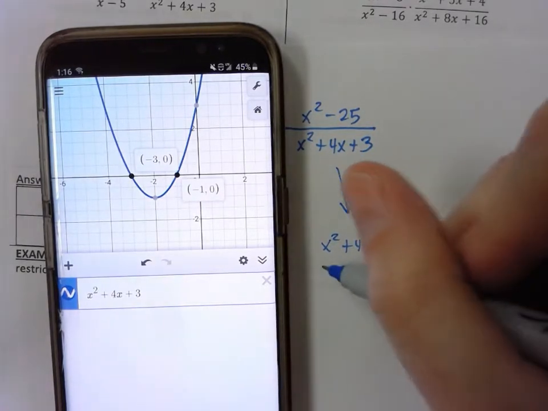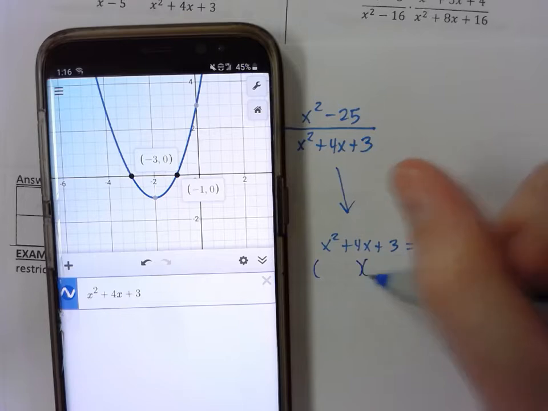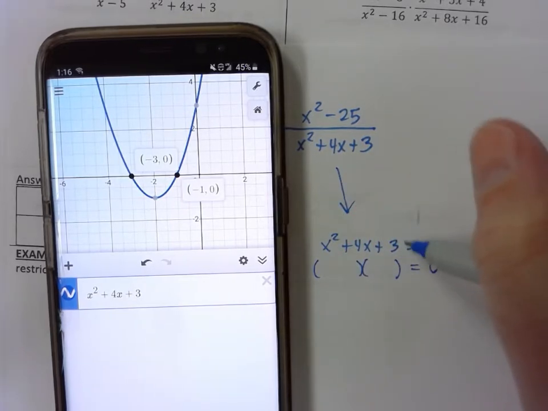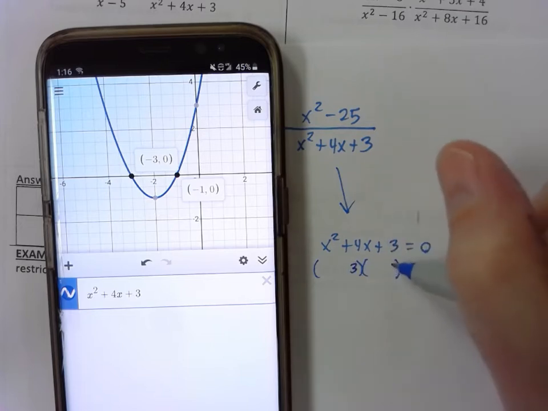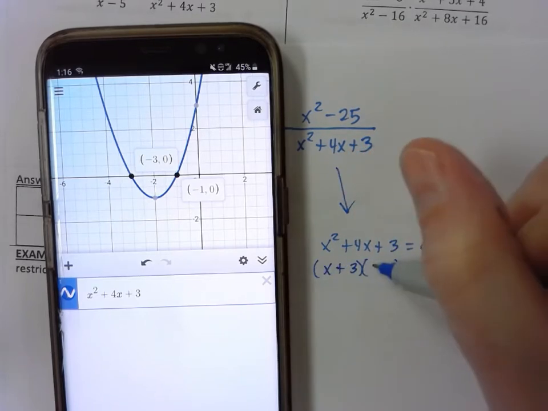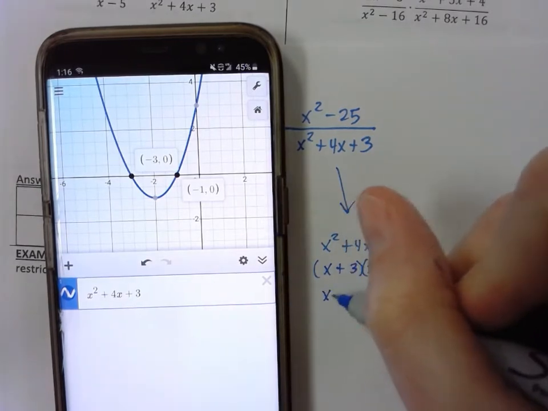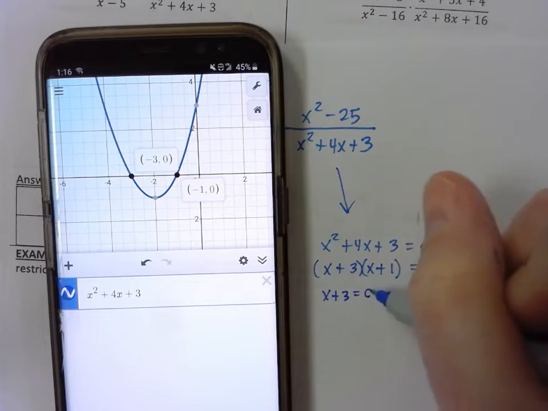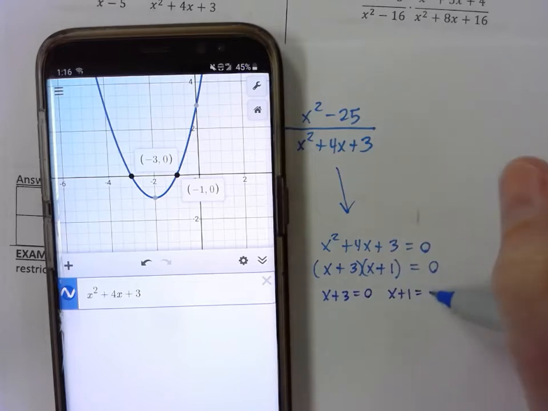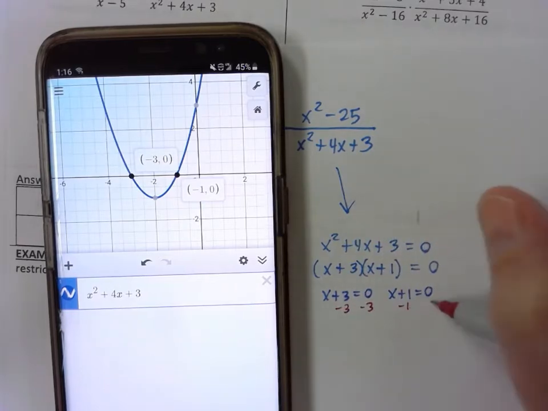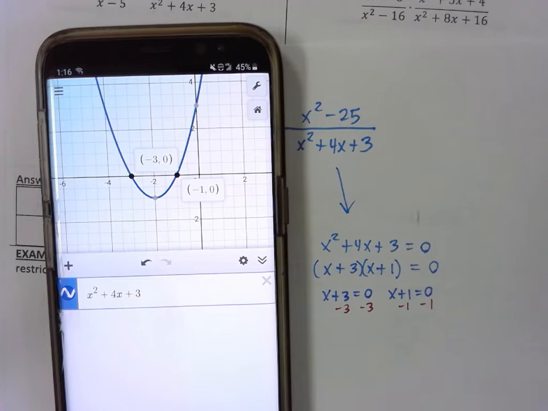That does factor. If you factor that, two numbers that multiply to 3 would be 3 and 1. So x plus 3 and x plus 1. And they also add to 4. So if you set both of those factors equal to 0, and you subtract 3 and subtract 1 from each side, you're going to get -3 and -1.